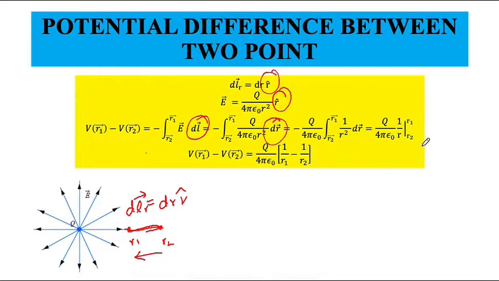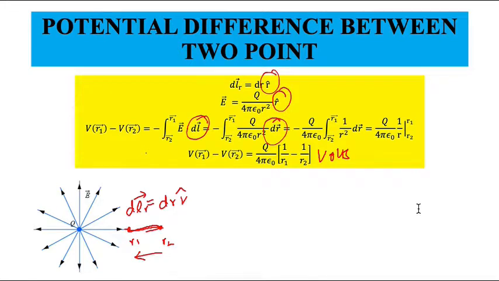Therefore there is a minus sign here, minus will become plus for the integration, so 1 by r. So the potential difference that you are going to get is q by 4 pi epsilon naught times 1 by r1 minus 1 by r2, and this is in volts. Okay, so the potential difference is in volts.